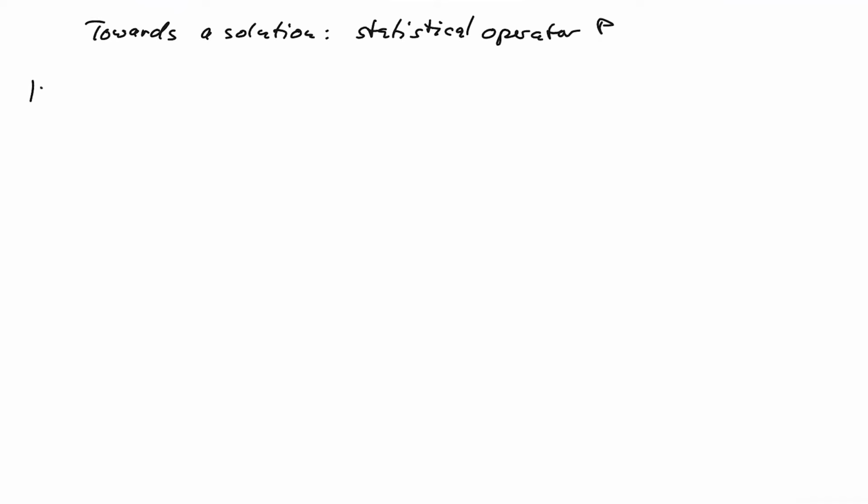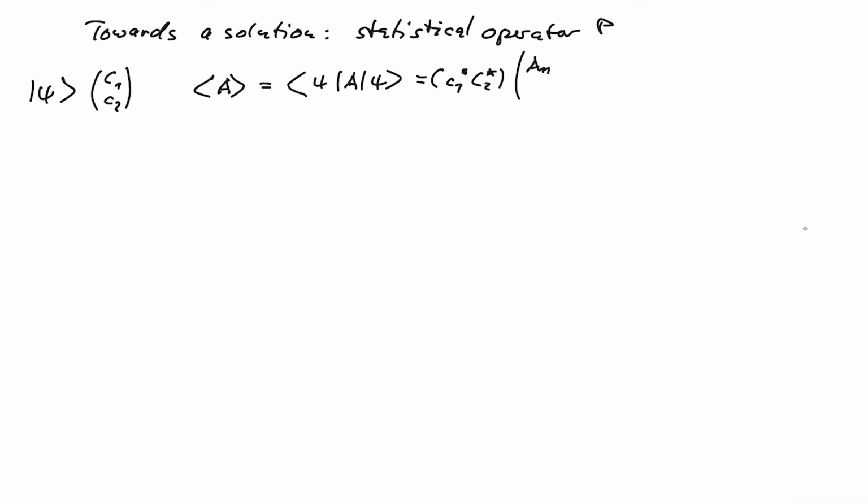If psi is just the vector (C1, C2), then we know an expectation value for A is simply psi A psi, equals (C1 star, C2 star) times the matrix A11, A12, A21, A22 times (C1, C2).